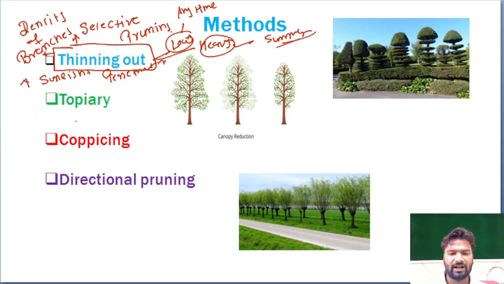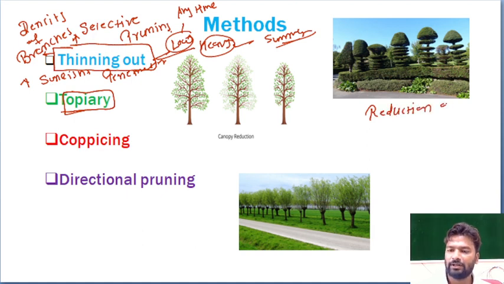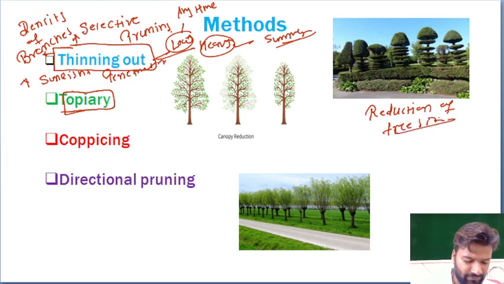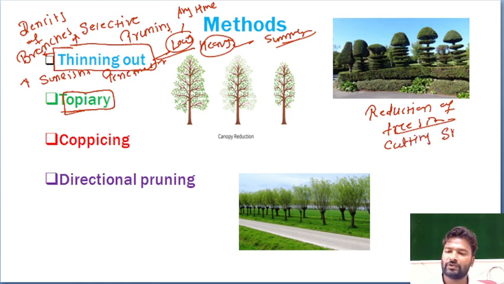Then second is the topiary. So this is the example of topiary. In this we reduce the tree size by cutting the short branches.